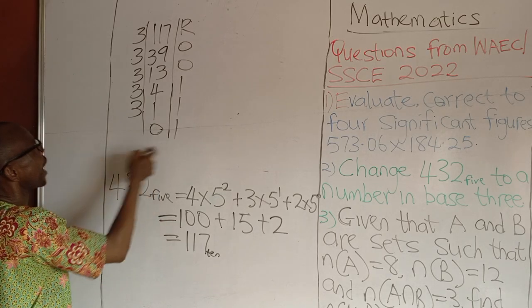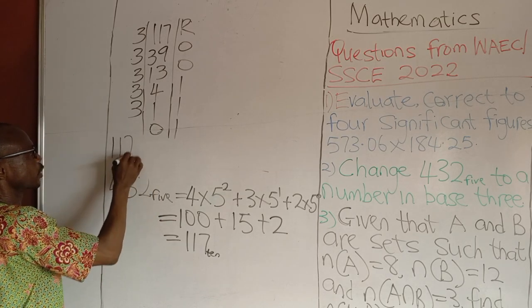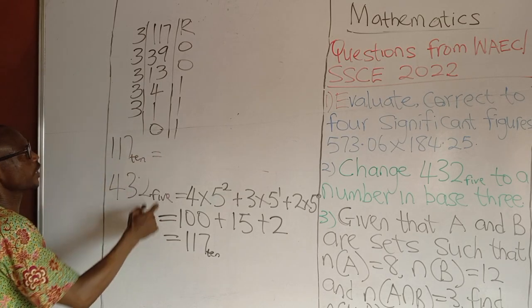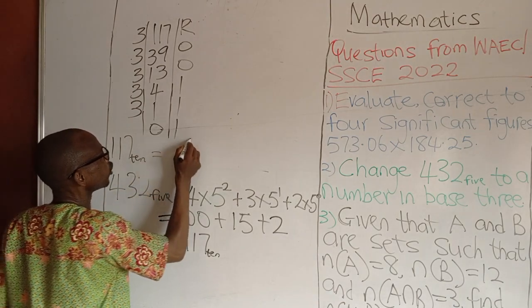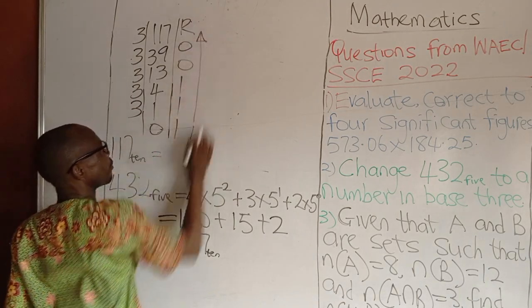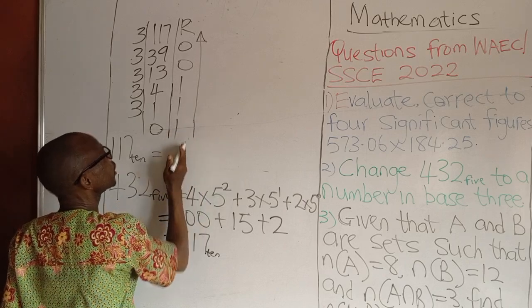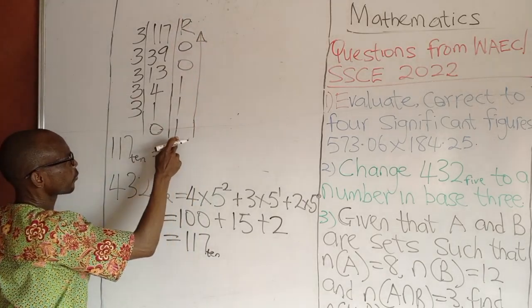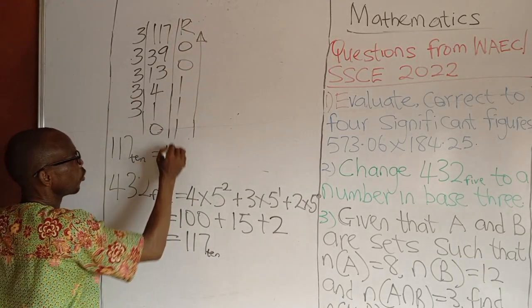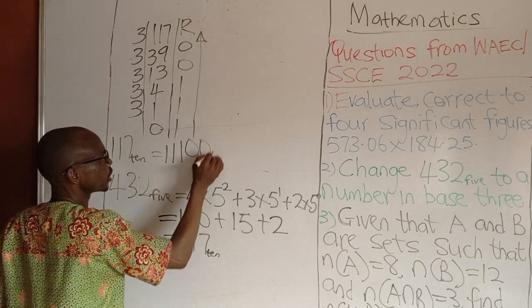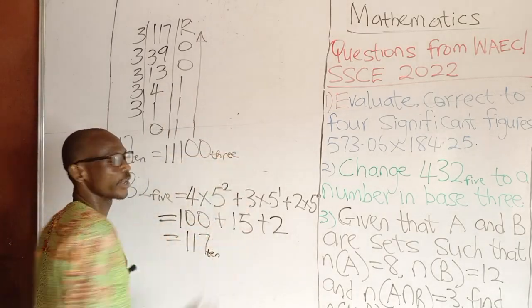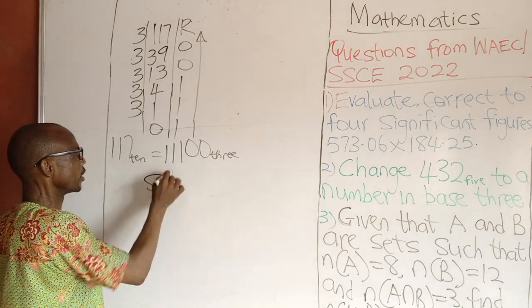So what do we have now? Our 117 in base 10 is equal to, we are going to write the values from bottom to the top. We are moving upwards from bottom to the top by taking this first one: 1, 1, 1, 0, 0. This is now in base 3.